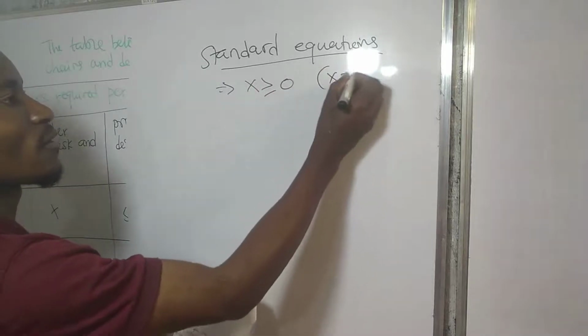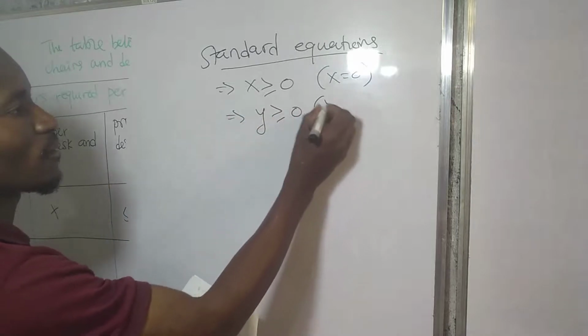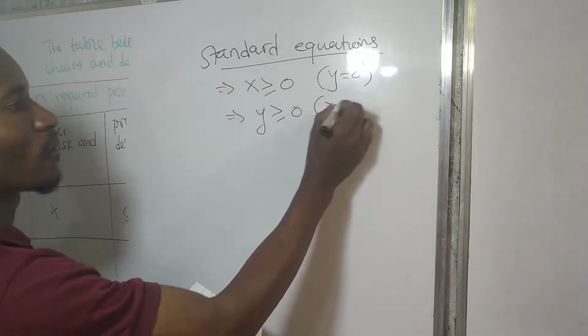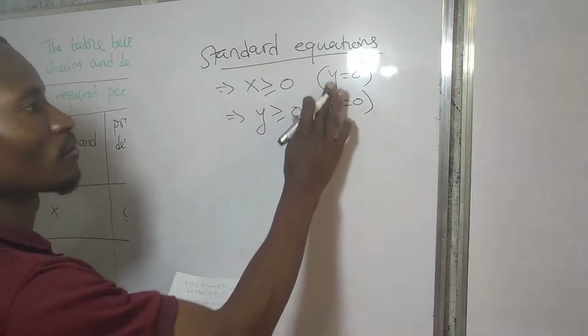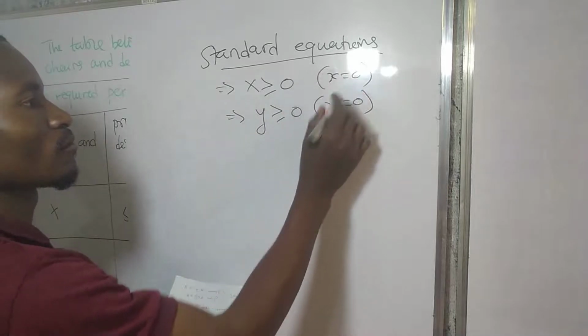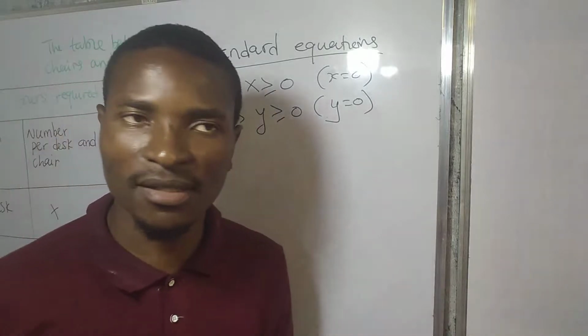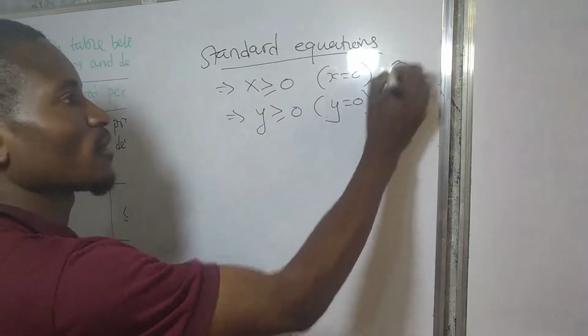Then y is greater than or equal to 0. So these are what we call the standard equations that should always be there. So this is number 3.